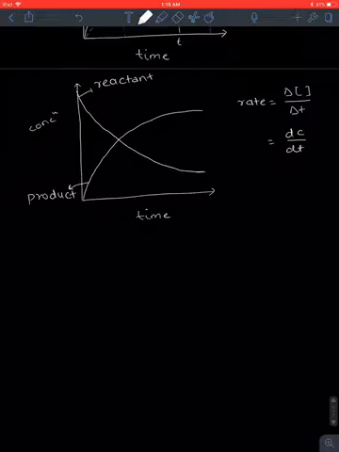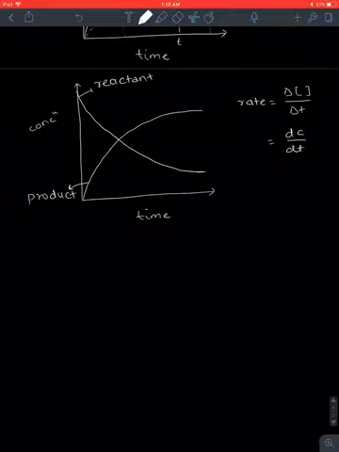So dC upon dt is nothing but the slope of the curve which is drawn between concentration and time. Means if I'm drawing a tangent at any point, the slope of that tangent will give me the rate of that particular reaction. Is this point clear or not? If I'm drawing a tangent at any point, the slope of that tangent will give me the rate of reaction at that particular instant of time.